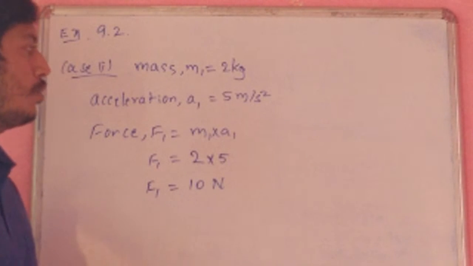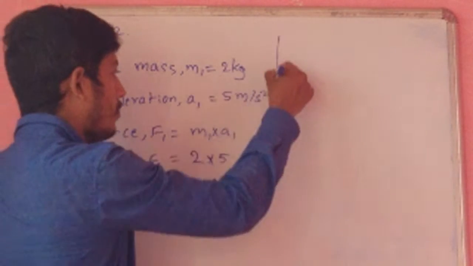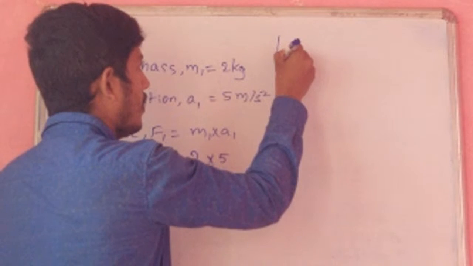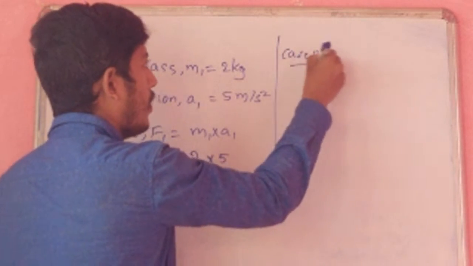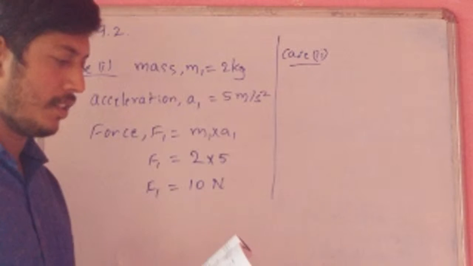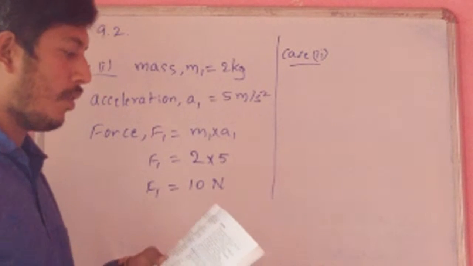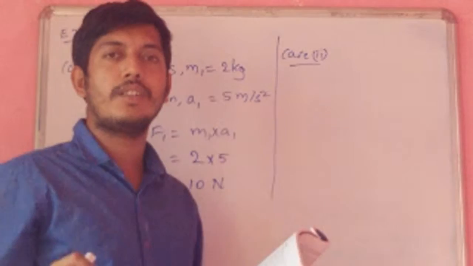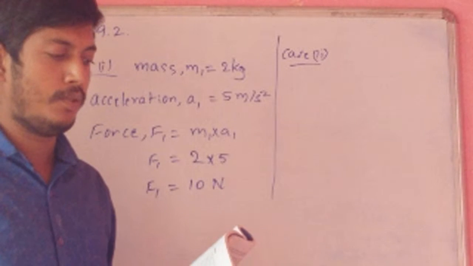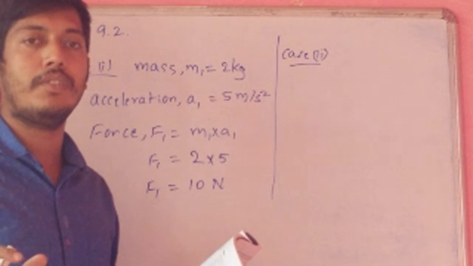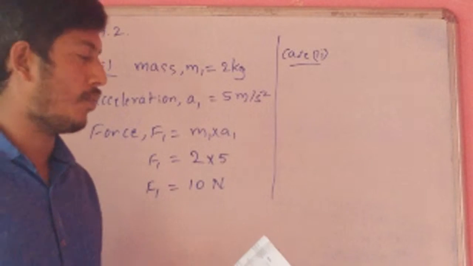Now we'll go to case 2. First we will write the given data. Case 2, a 4 kg mass at 2 meter per second square. So mass is 4 kg here and the acceleration is 2 meter per second square.